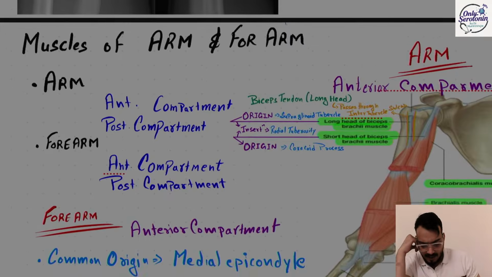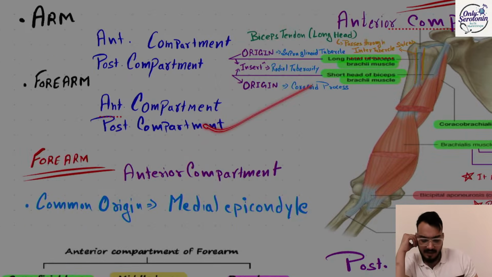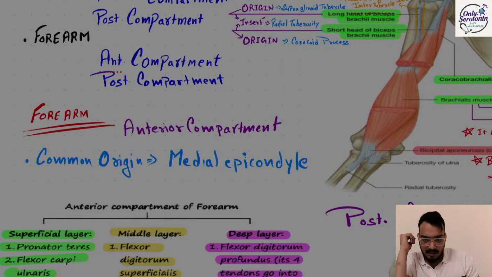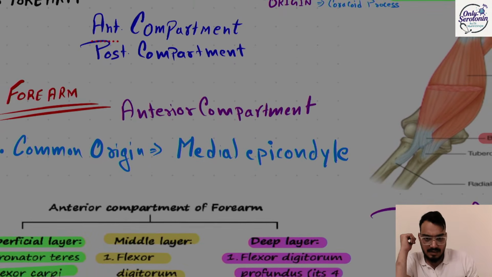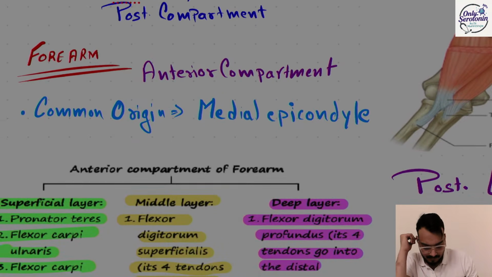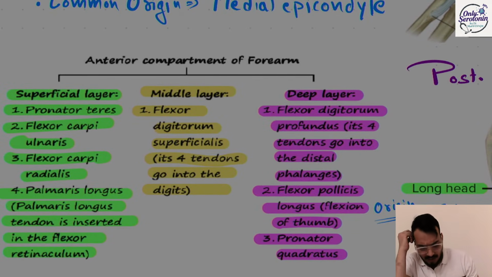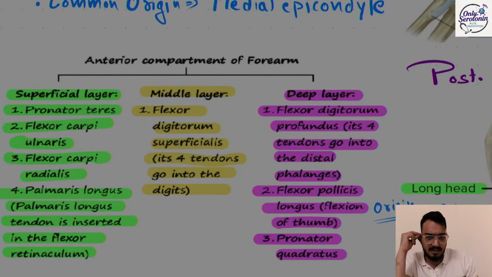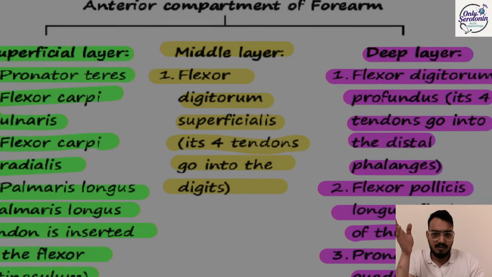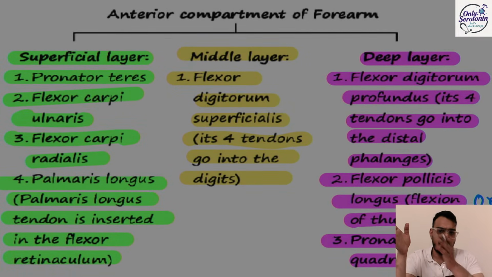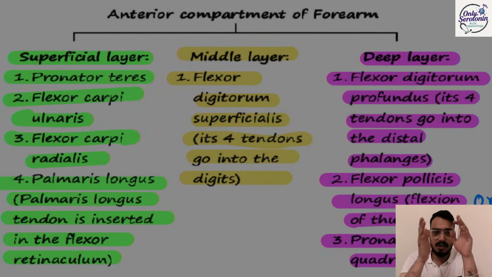Great. Then we are having forearm. In forearm also we are having anterior compartment and posterior compartment. The most common origin is what, guys? It is your medial epicondyle. So the anterior compartment muscles in the forearm are divided into three parts: superficial, middle, and deep. In superficial, how many, guys?